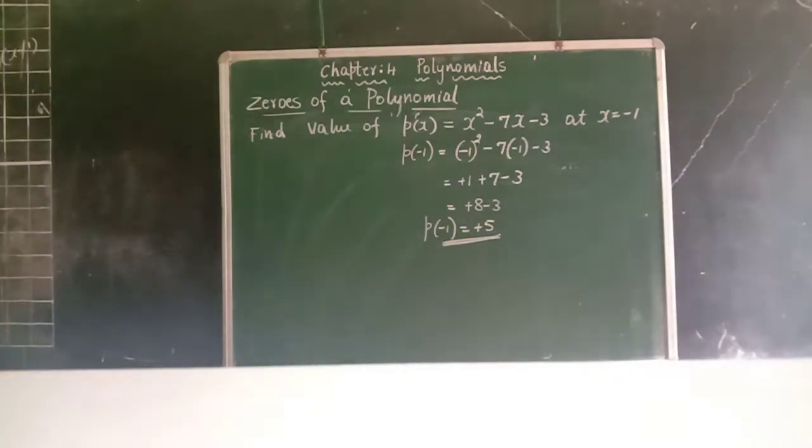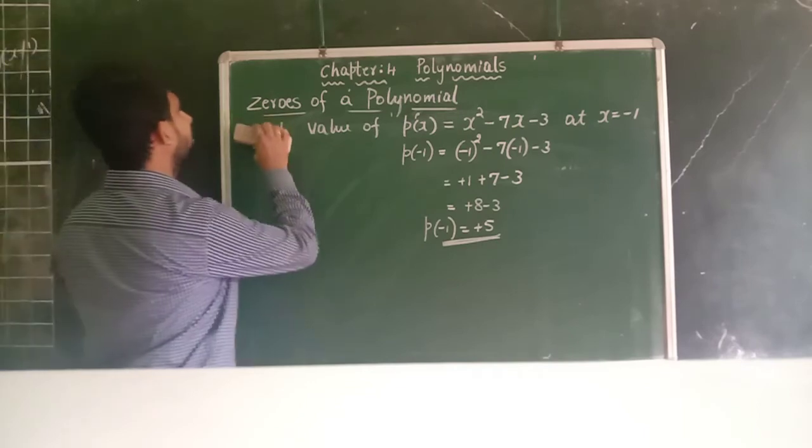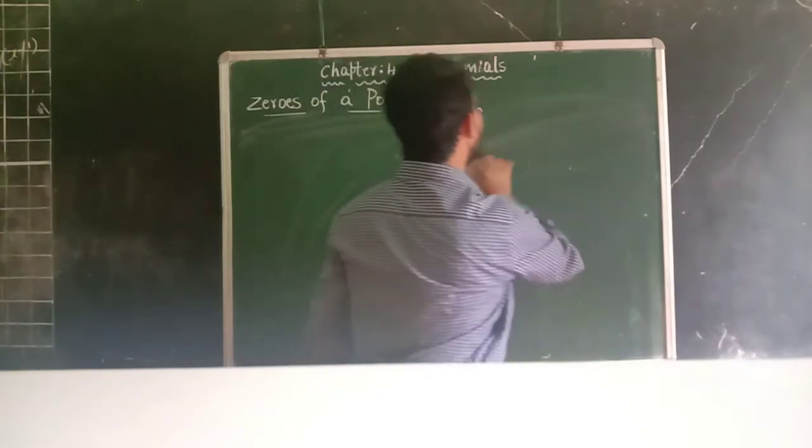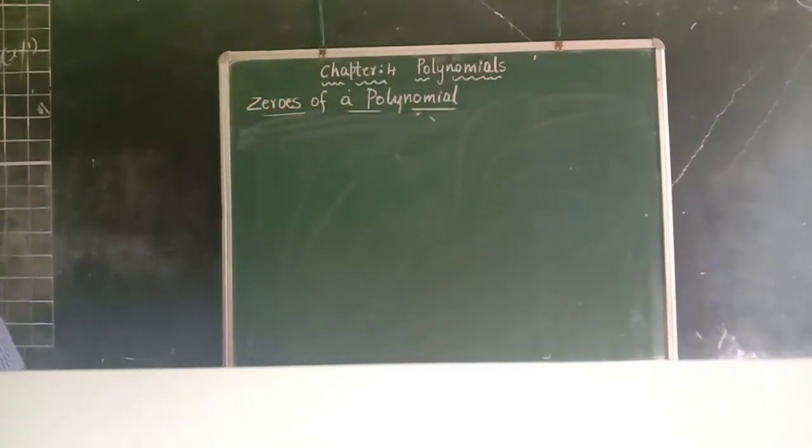Now, there is one example problem in your textbook where you have to check whether the given numbers are the zeros of the polynomial.